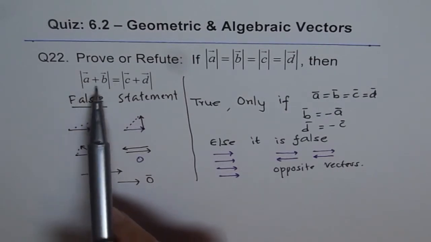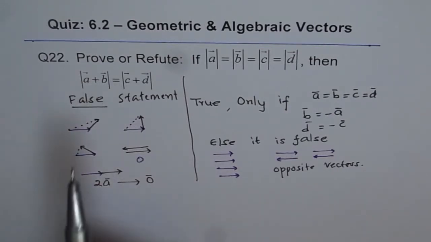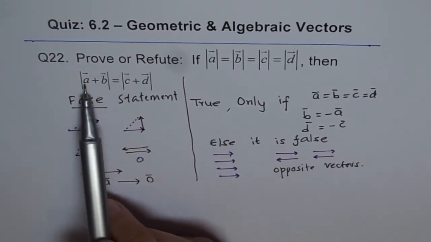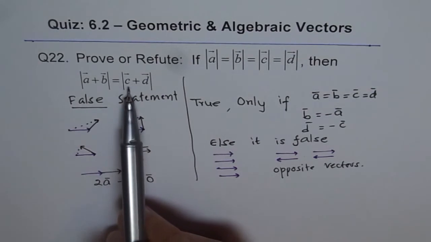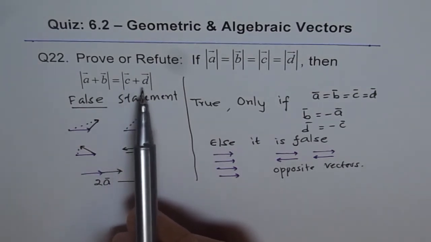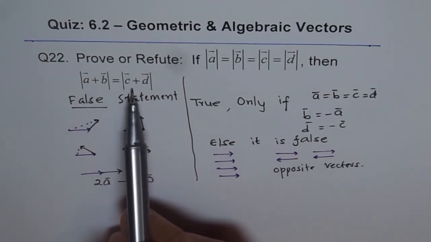So when we add vectors A and B, what really makes the difference to the sum of A and B is the angle between A and B. In C and D also, their magnitude may be the same, but the angle between them is critical.